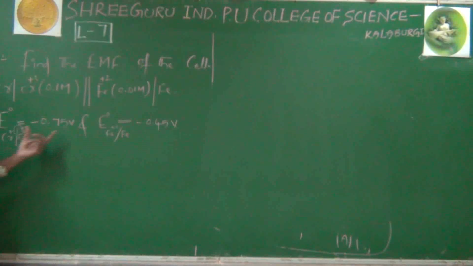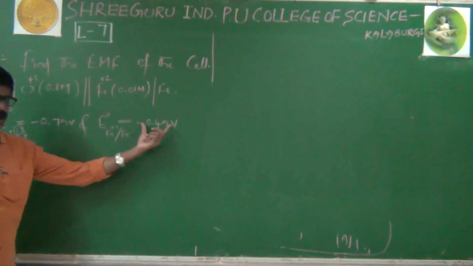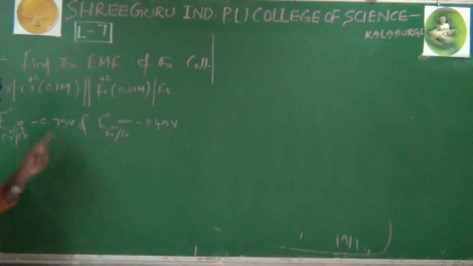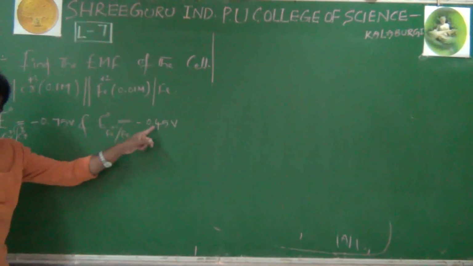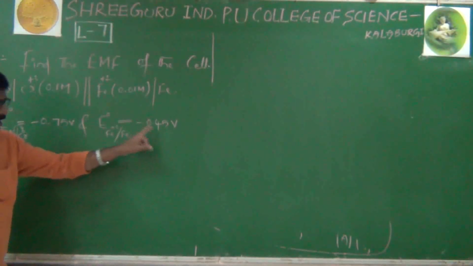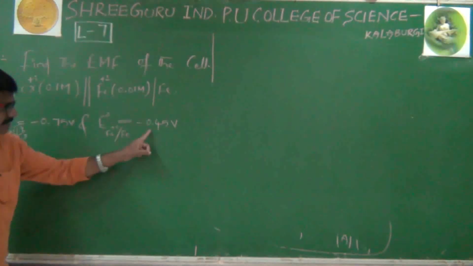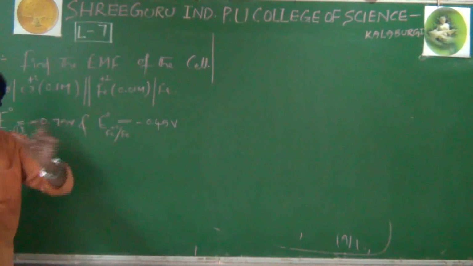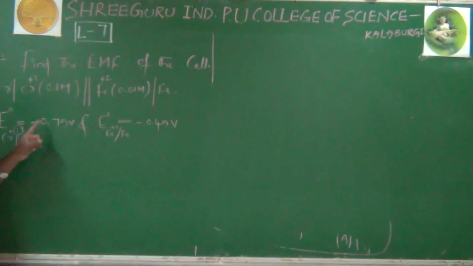Here, chromium SRP value minus 0.75, iron SRP value minus 0.45. Out of these two values, this value is a bigger value. If SRP is bigger, then that electrode undergoes reduction. If SRP is smaller, that electrode undergoes oxidation.